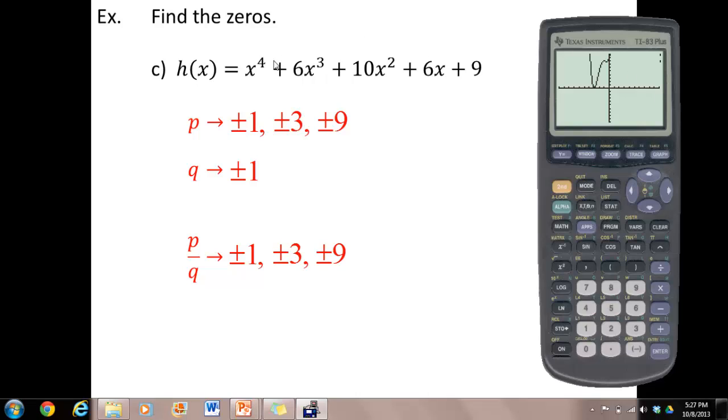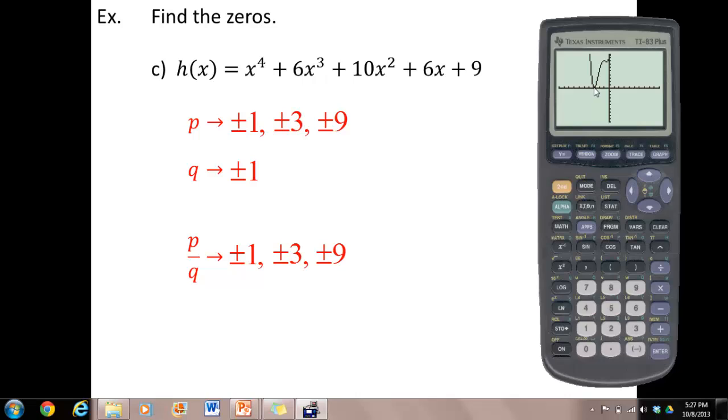Alright, so it's a 4th degree polynomial. We're going to talk in the next lesson about what a 4th degree polynomial graph should look like. It's going to typically look like a W. Now you can kind of see the W here. Here's one hump and here's the second hump. The fact that this second hump doesn't pass the x-axis means 2 of our solutions are going to be imaginary.